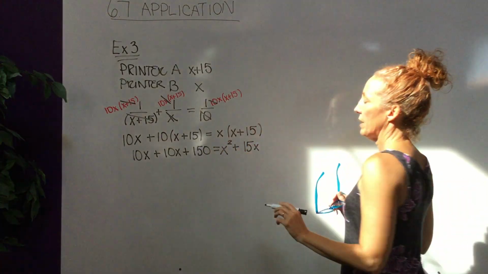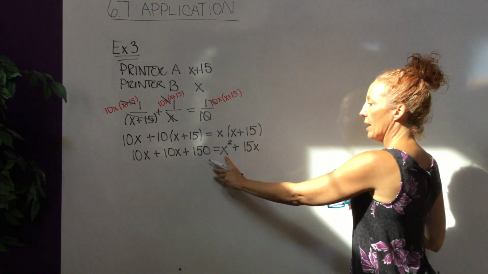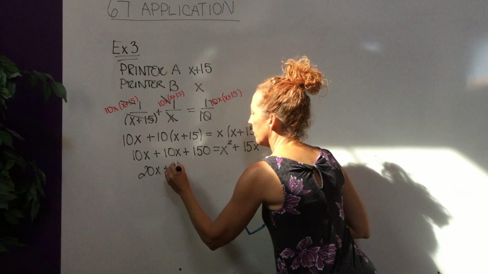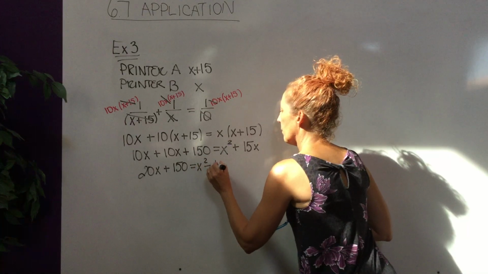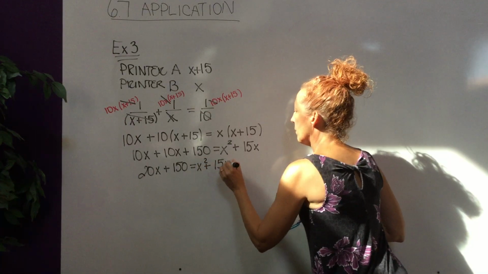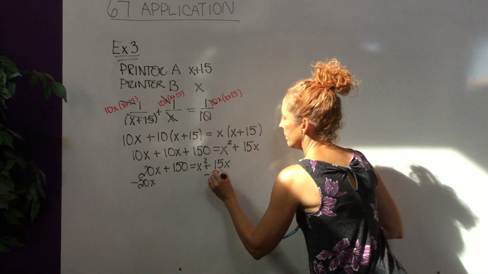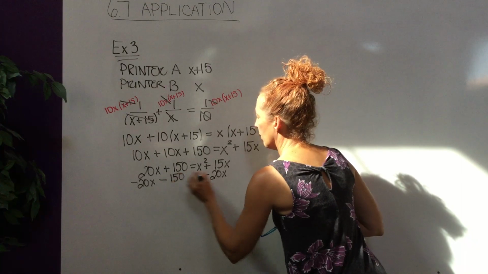And then just like we did in the first example, we're going to get everything off to the right so that the x squared stays positive. So I'm going to move the 20 over. I'm going to move the 150 over.